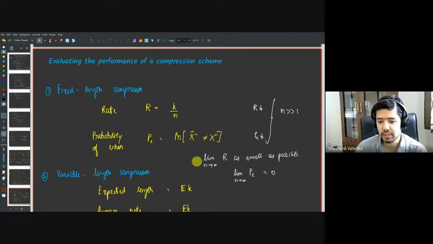So the limit as n tends to infinity of the rate should be as small as possible, and the limit as n tends to infinity of the probability of error should be equal to 0.